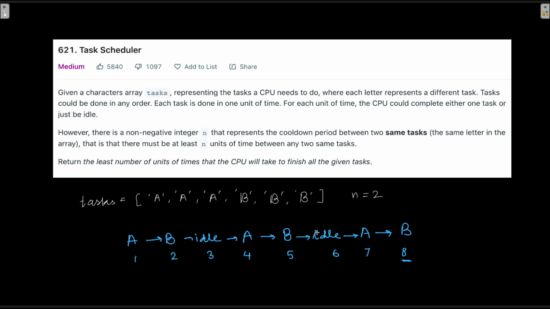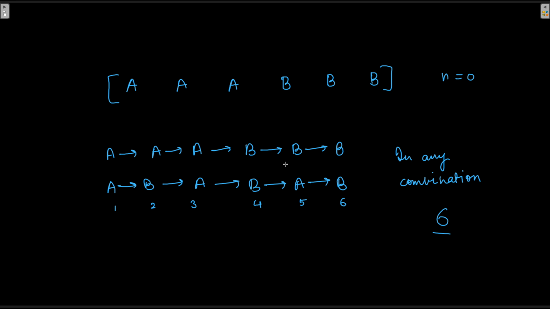Let us take another example. In this case, the number of CPU cycles for the cooldown period, we have put it as 0, which means A can appear right after A. There doesn't need to be any cooldown period, which means the whole length of the task array can be our answer directly.